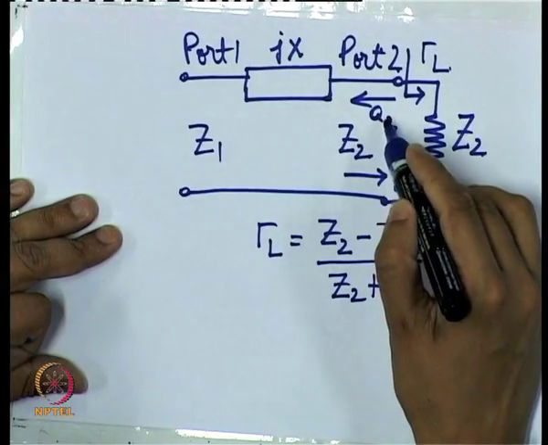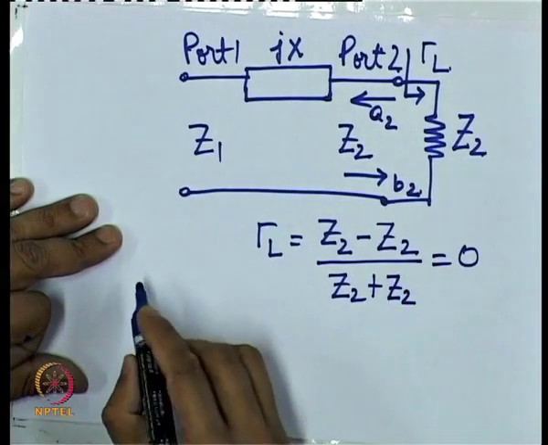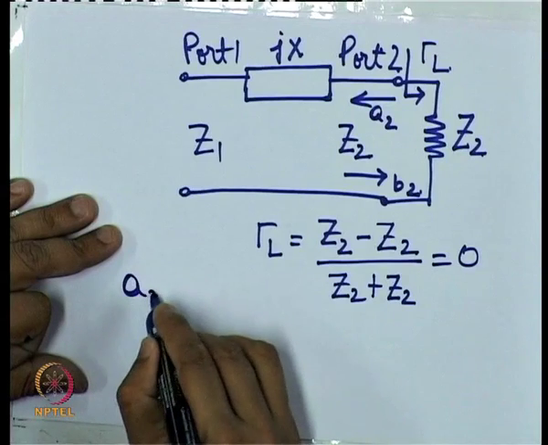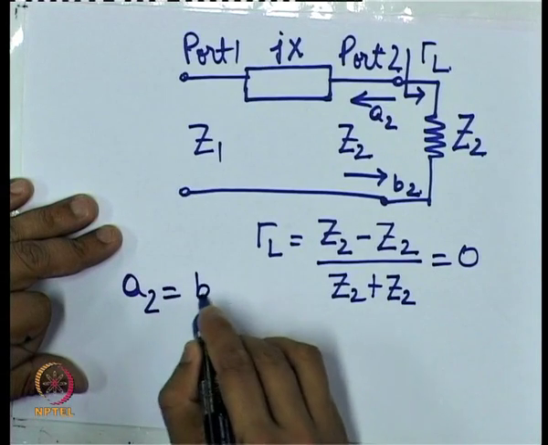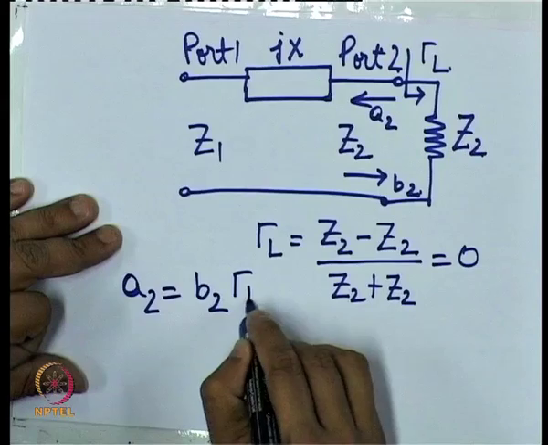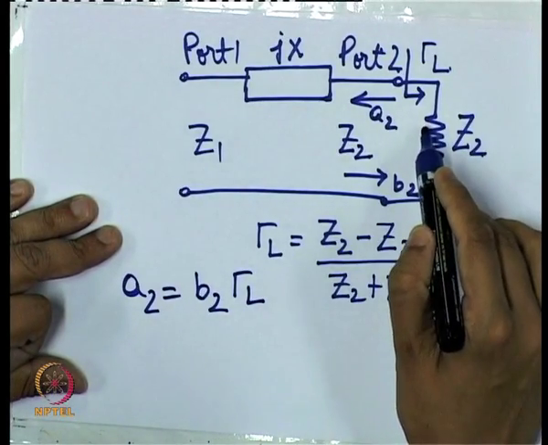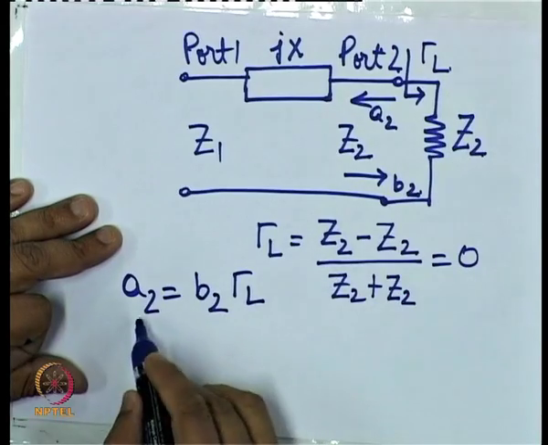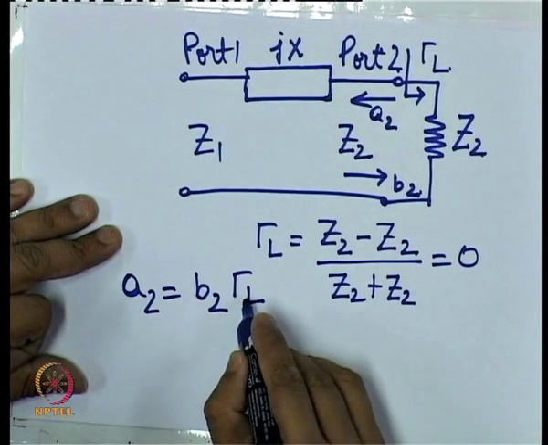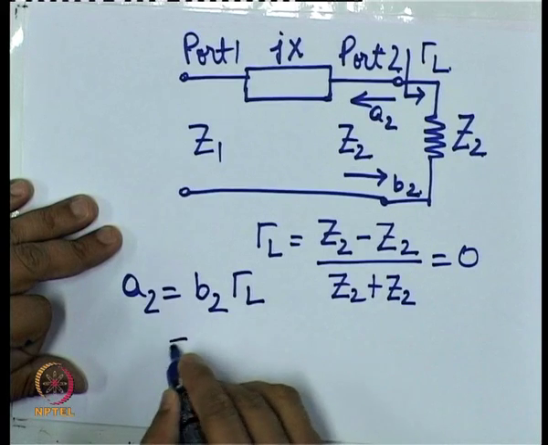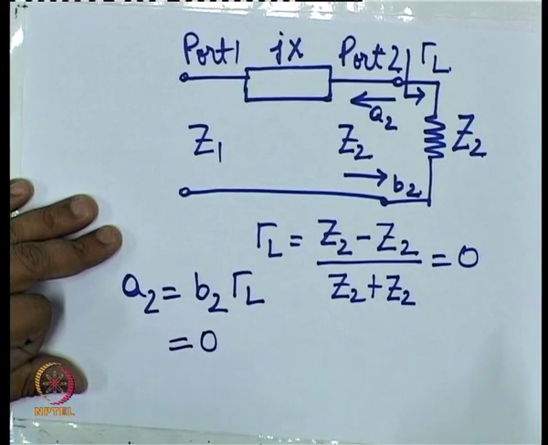Now, if I write A2 in terms of B2, the way they are related is A2 is equal to B2 times gamma L, because gamma L is the reflection coefficient at this point. This relationship will be valid, but since gamma L is equal to 0, A2 is also equal to 0.